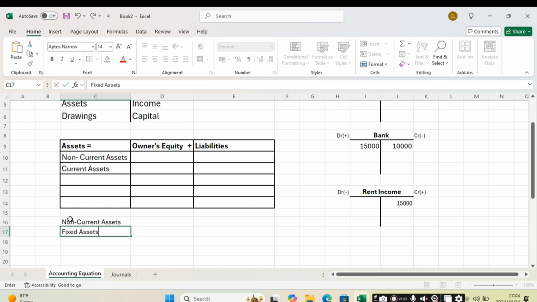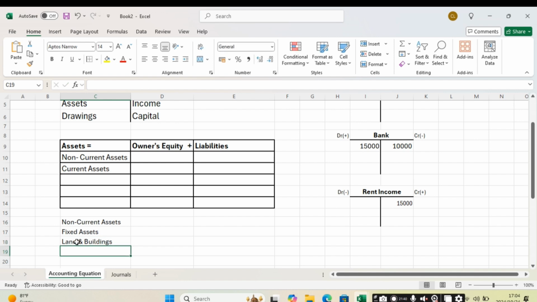So your fixed assets being what? Land and buildings. And then we have vehicle. And then we have what? Equipment.